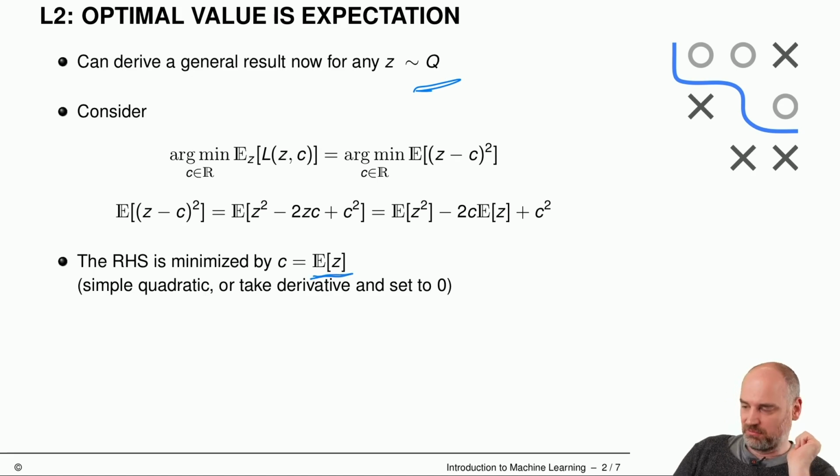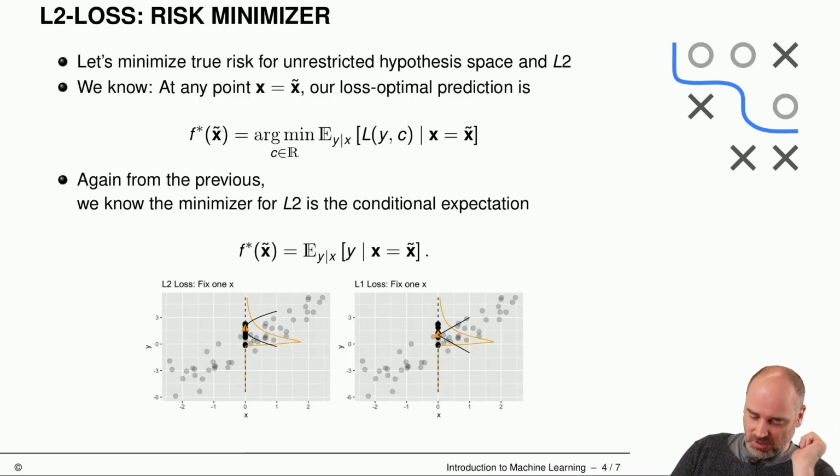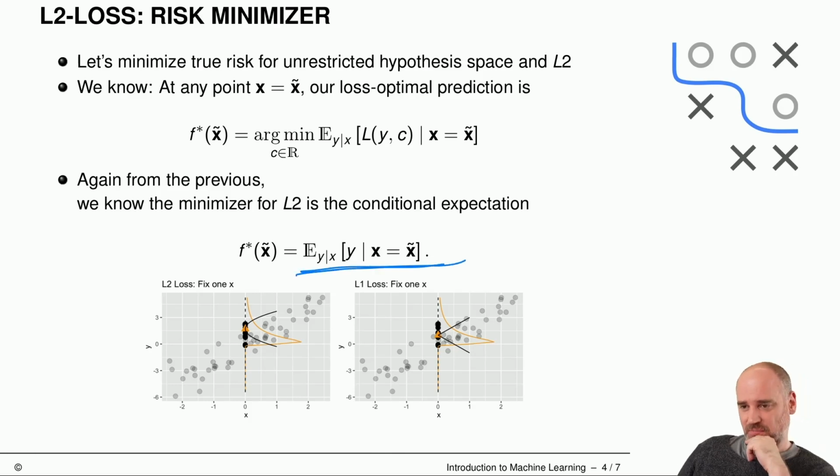So I know the solution. Again, the solution is going to be the expectation of my random variable. Well, it's now a conditional expectation. That's it. So we know point-wise what our risk minimizer looks like.